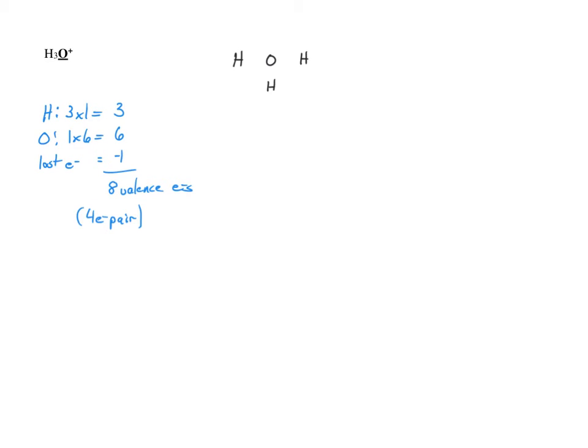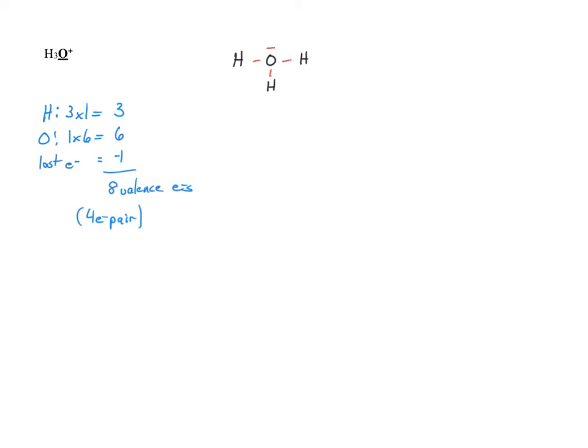Here's a hydronium ion. The positive charge here indicates that we've lost one electron, so we need to subtract one electron from our subtotal. So we have a total of 8 valence electrons, 4 electron pairs. We hook up the outside atoms to the center atom. We've used 3 out of our 4 electron pairs.